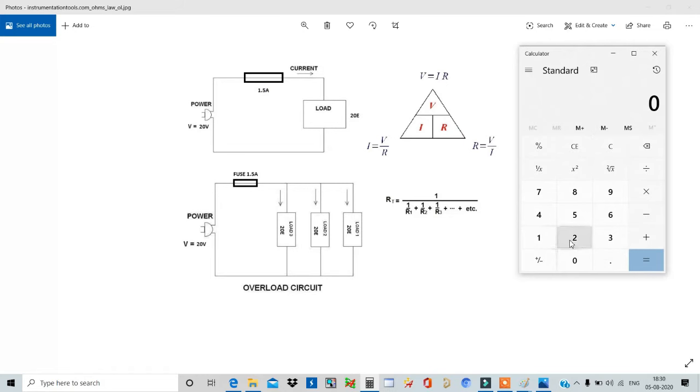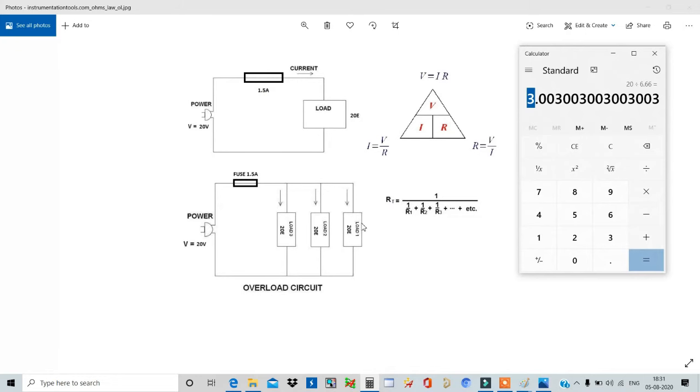You can see here 20 volt divided by 6.6. 20 volt is the input voltage I am giving, and 6.6 is because I added 2 extra loads. That's why the value is 6.66. The resistance value is very much decreased. So how much current will flow through the fuse? 3 amps will flow through the fuse, but we provided only 1.5 amps.